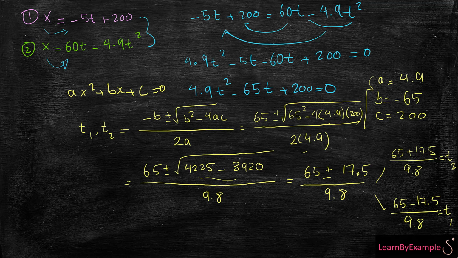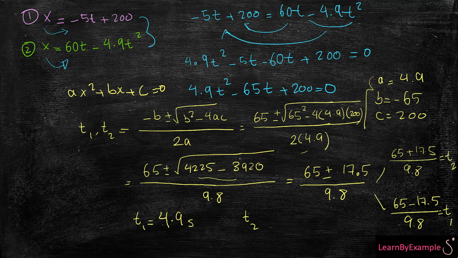Okay, so for the first one, if I plug in 65 minus 17.5, which is 47.5, divided by 9.8, it should give you your T1, which is 4.9 seconds. I'm going to round it up to 4.9.